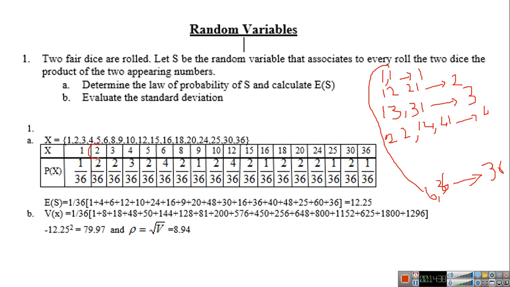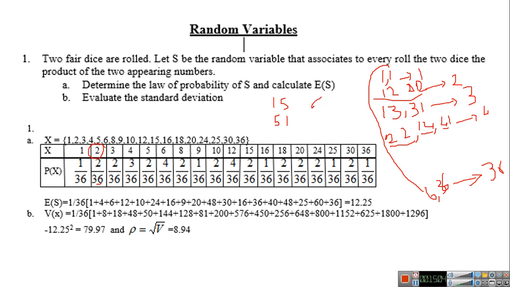To get the number 2, it's either 2 1 or 1 2. How many choices do I have? 2 out of 36. To get the number 3, it's 1 3 or 3 1, so 2 over 36. To get the number 4, for example, I have 2 2, 1 4, 4 1, so 3 out of 36. To get a 5, you have 1 5 and 5 1 only, so 2 out of 36.